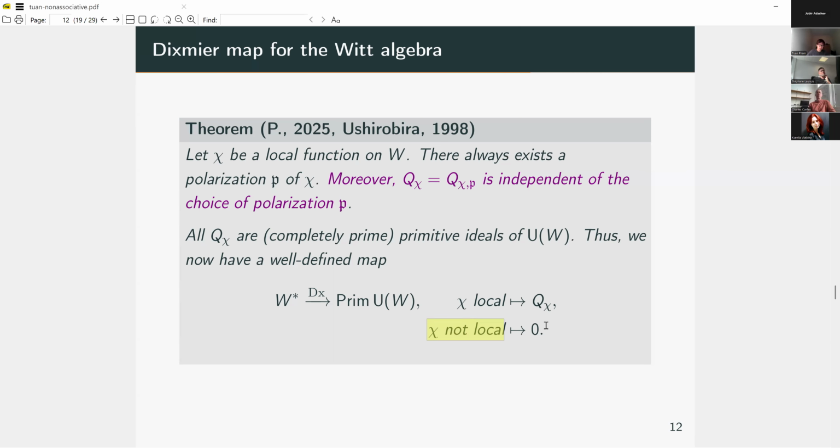I just want to mention that when I finished the paper and put it on the arXiv, and Sue sent it to Oliver, we didn't know about Usiro Bira's paper from '98.